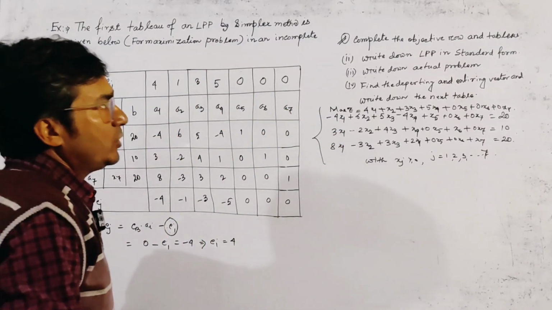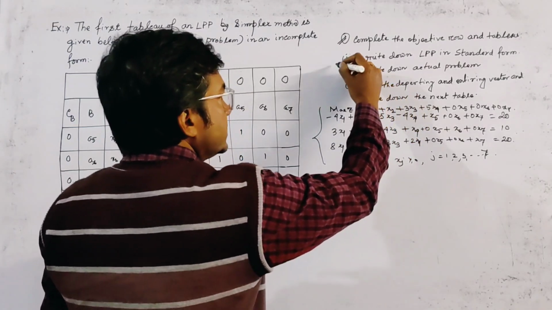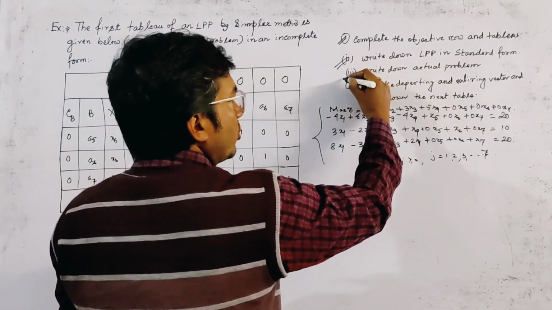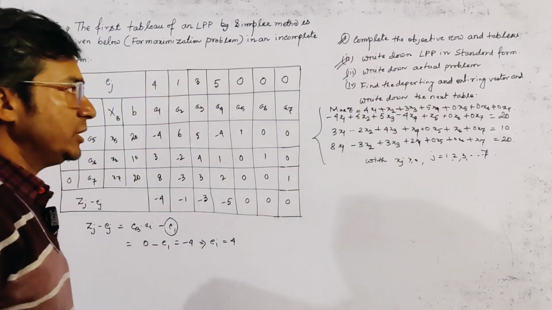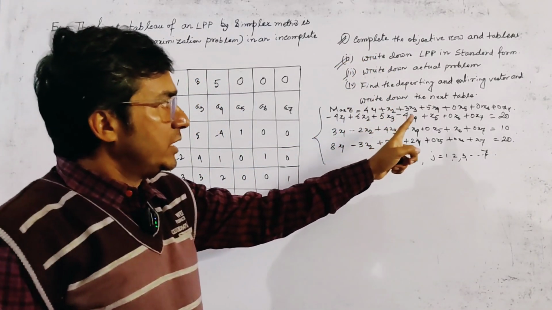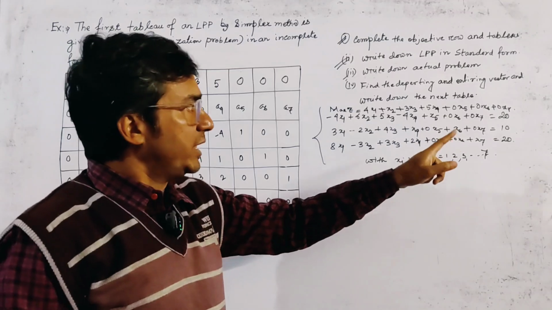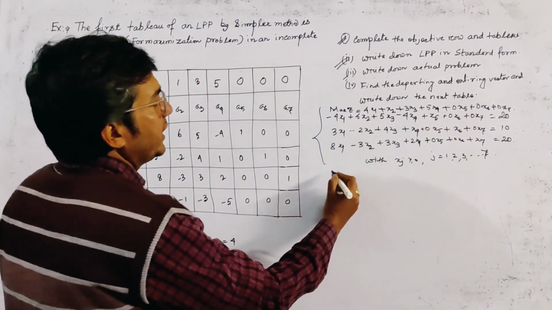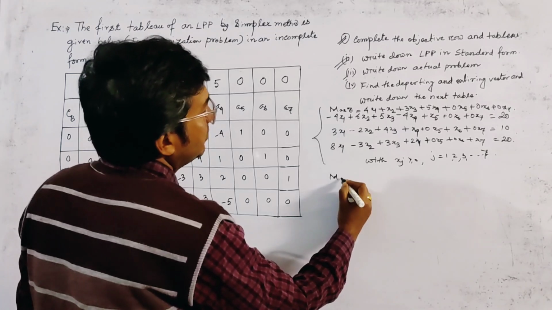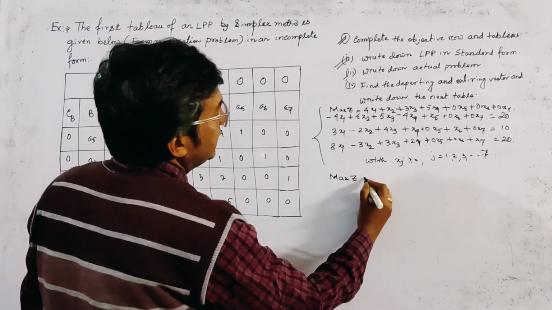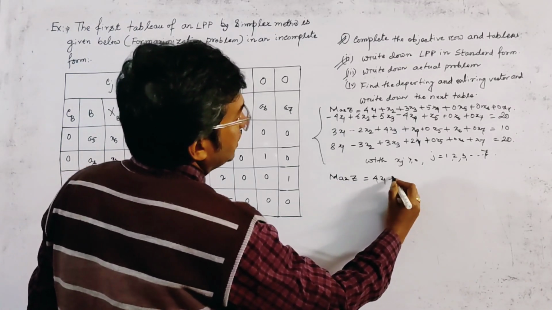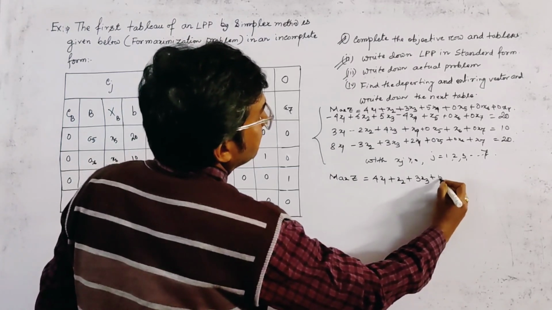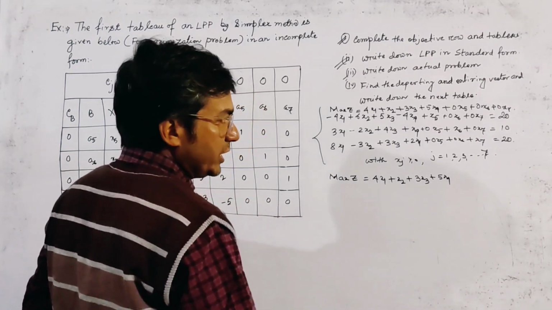Now we have to write down the actual problem. How to write down the actual problem? Since here we use 3 slack variables x5, x6, x7, the original problem looks like: max z equal to 4x1 plus x2 plus 3x3 plus 5x4.